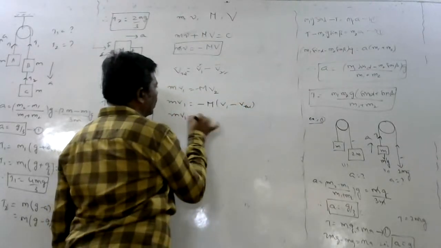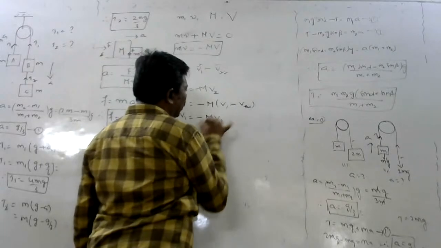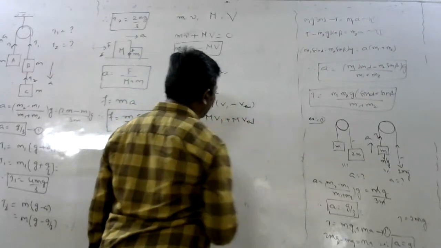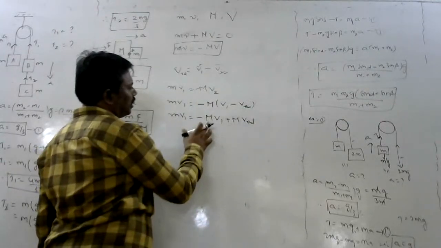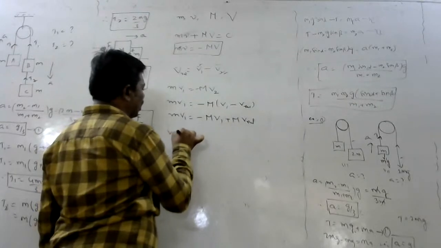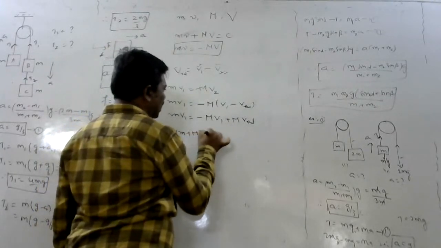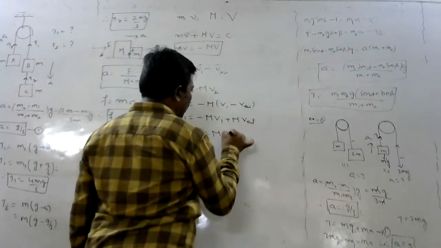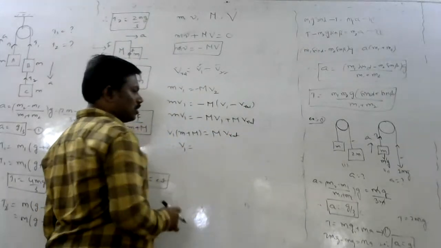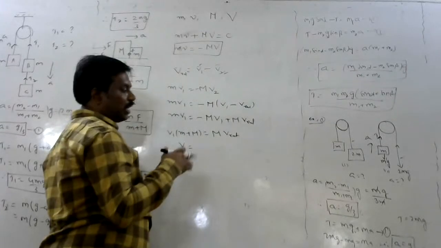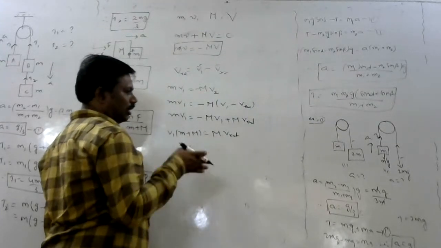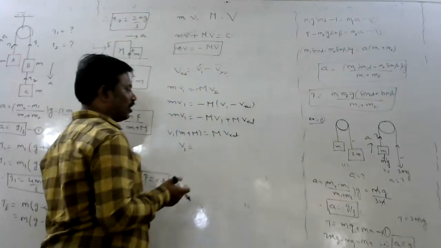Bringing the minus to this side, V1 is common: (small m plus capital M) V1 is equal to M into V relative. Therefore, we get the velocity of bullet relative to gun. In that problem, we have relative velocity.